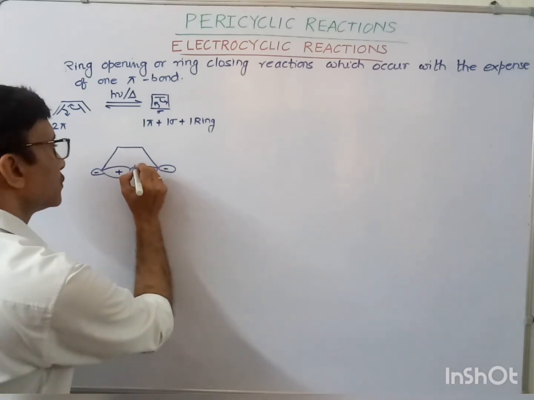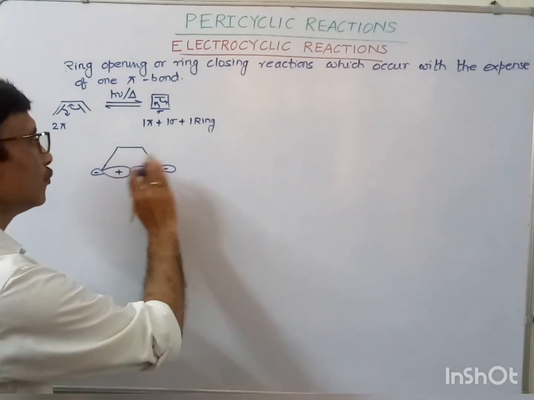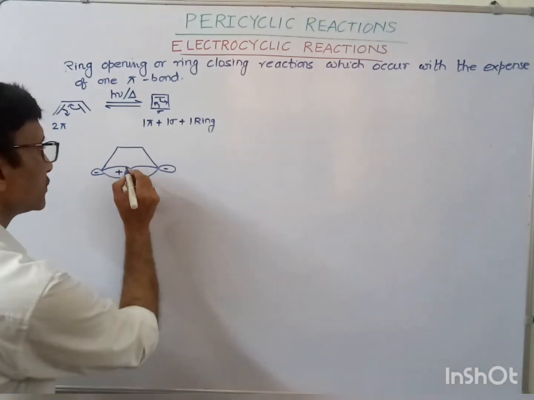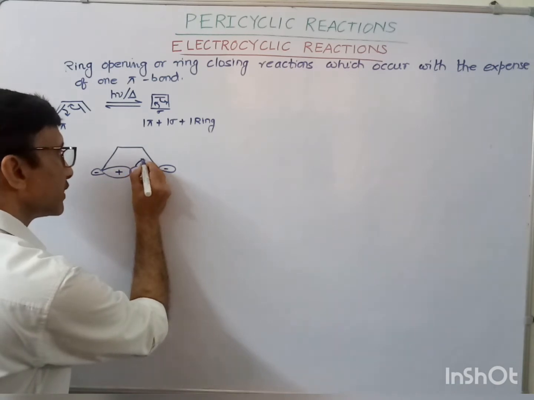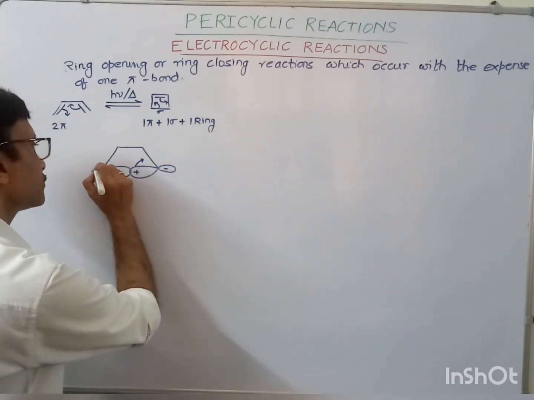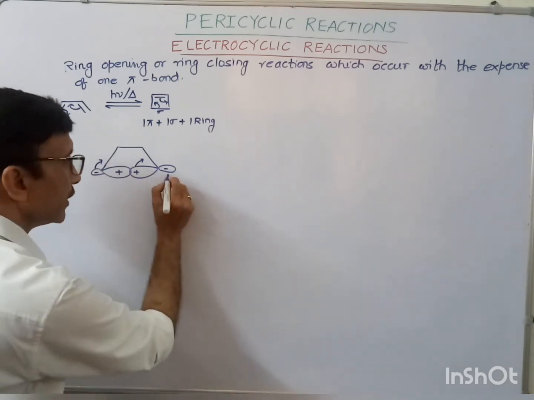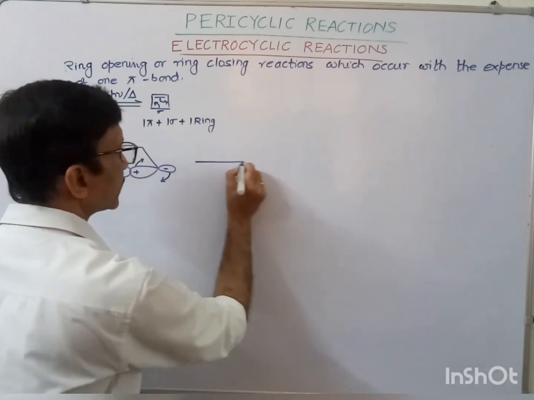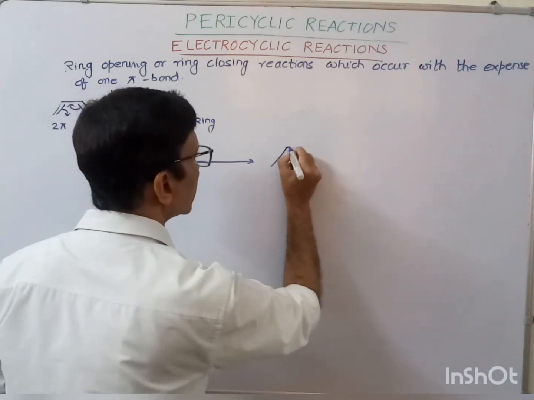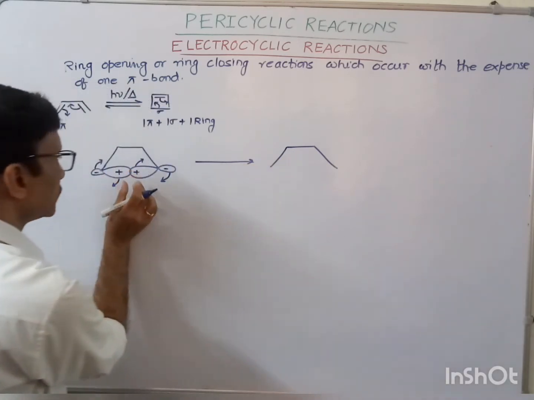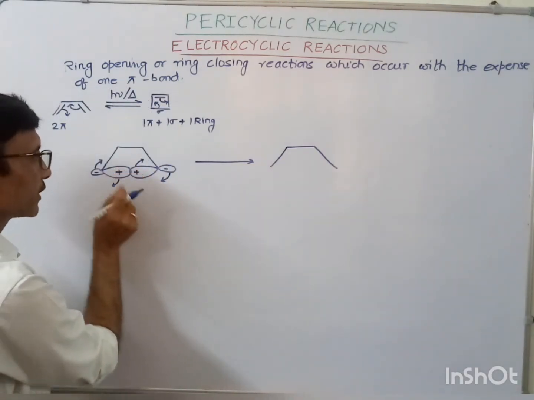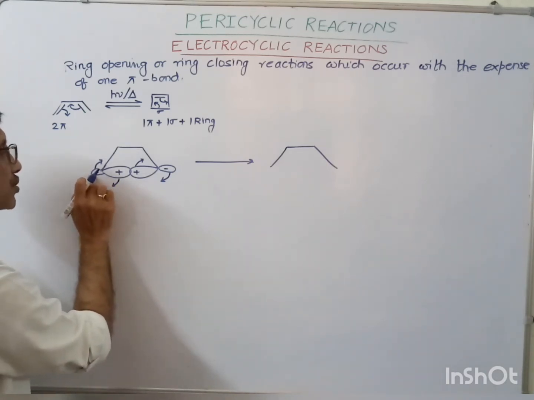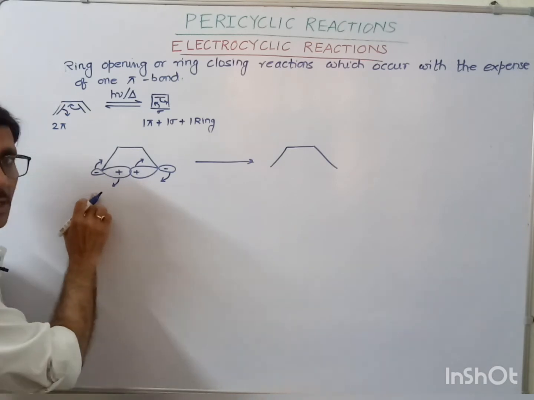So what will happen? Conrotation means both orbitals move in the same direction, either clockwise or anti-clockwise. So if this moves in this direction, clockwise, then this should also move clockwise. It means this will come here and this will go down. So what will you get? The bond will break, and this minus lobe, the small lobe, means the minus charge will come up and the plus charge will come down.